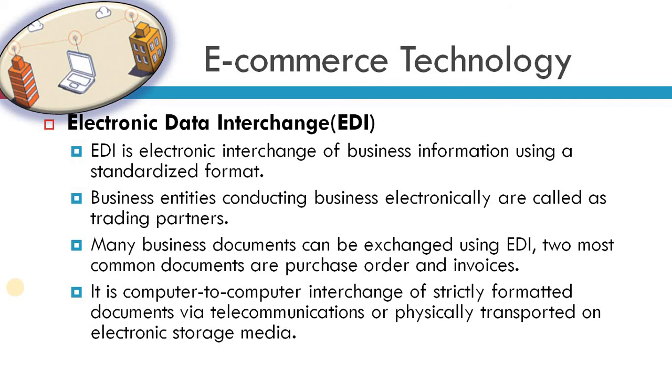So the exchange of data, the exchange of information is happening electronically. Okay? No other method is being used. They are not going to print any kind of data. This is a paperless kind of technology where the exchange is going to happen only electronically. So it can be via telecommunications, that is via the internet, or physically transported on storage media.